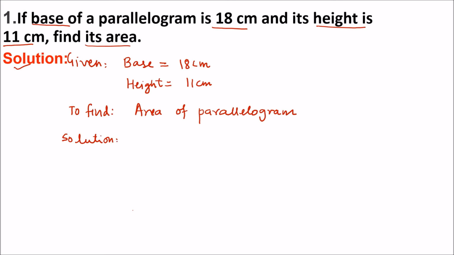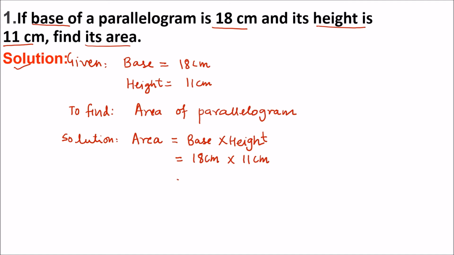Now let's see the solution. Here we have the formula for finding the area of a parallelogram: area of a parallelogram is equal to base into height. In place of base, we write 18 centimeter, and in place of height, we write 11 centimeter.